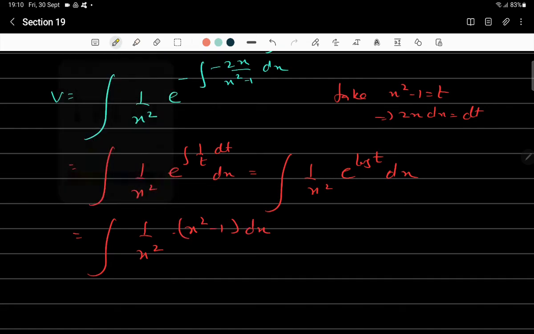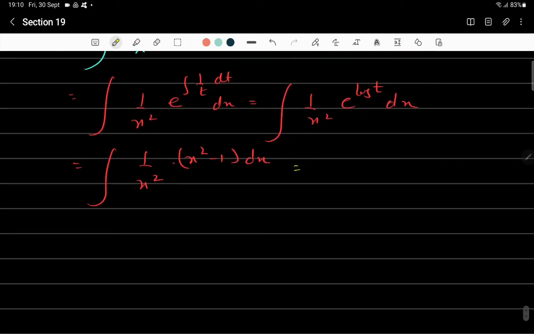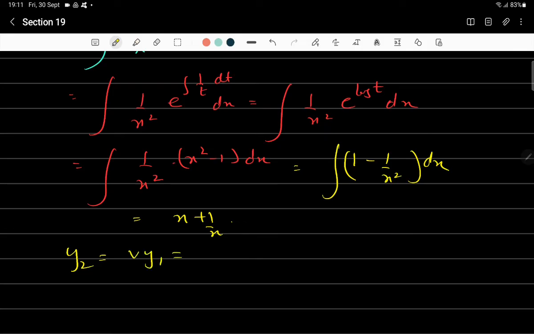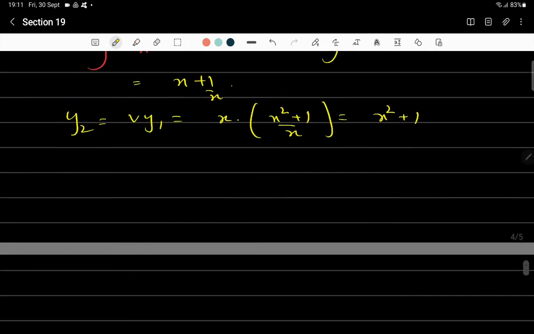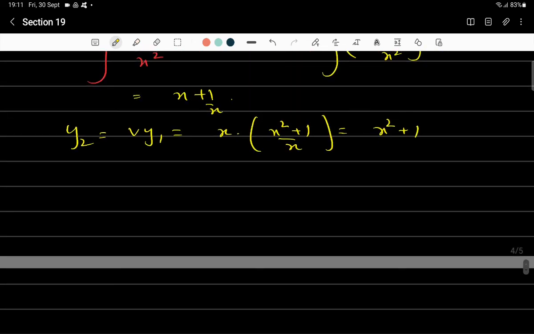So now you can see that it transforms into a very easy form. So this would be integration 1 minus 1 by x square dx, which is x plus 1 by x. It means my y2 is v y1, which is x multiplied by x square plus 1 by x, which is x square plus 1.